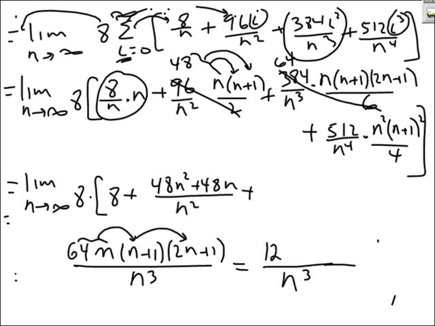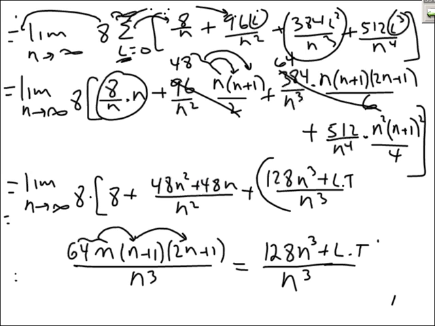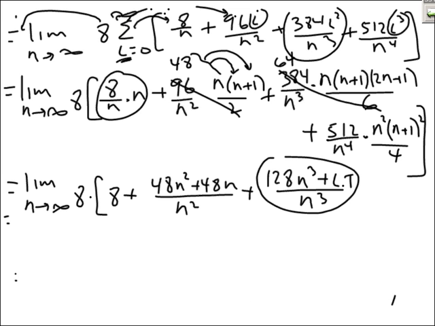That gives you 128. 64 times 2 is 128, n cubed plus lower terms. That means n squareds and n's and constants. But it really doesn't matter, because if n goes to infinity, this is going to go to 128. So you don't have to keep multiplying that out.